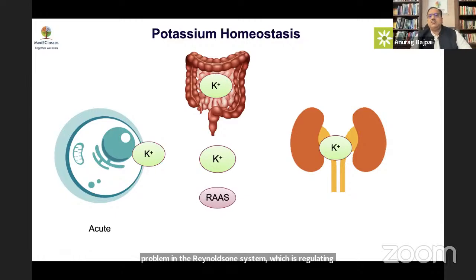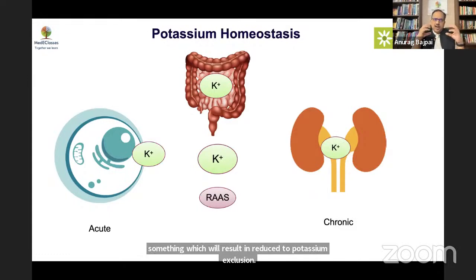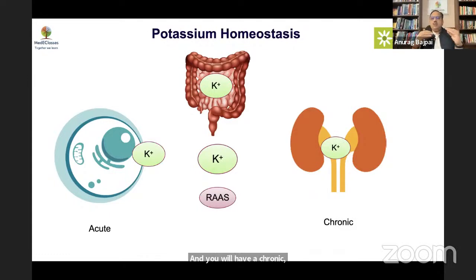So any condition in which you have a chronic hyperkalemia, you have a problem either in the kidneys or in the renin-aldosterone system. And this will result in reduced potassium excretion, and you will have a chronic hyperkalemia. The concept again becomes important that anybody who is hyperkalemic should have an increased urinary potassium.